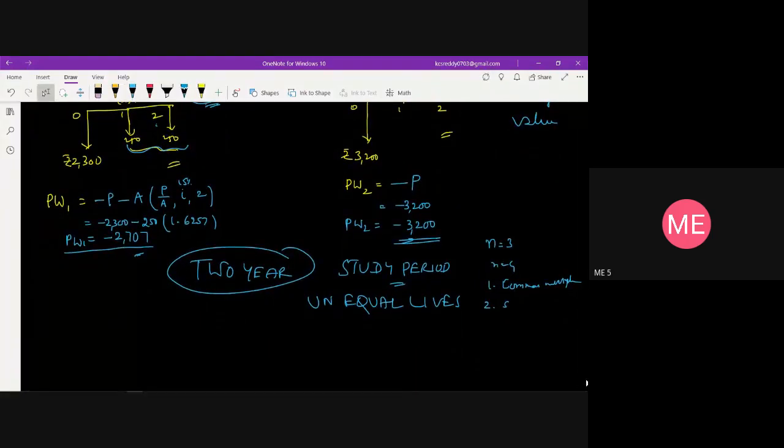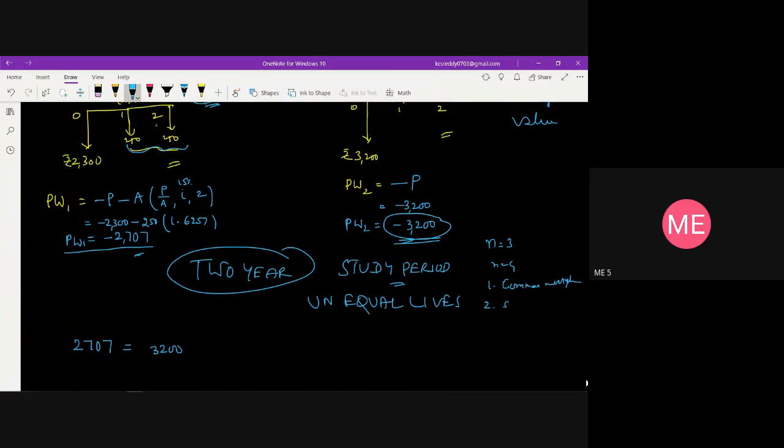Right. So here the salvage value of this asset 1 is going to be calculated, because that is the present worth value which we took as 2,707, right? So from this 2,700 we have the present worth of this, that is 3,200, which will be the summation of this.